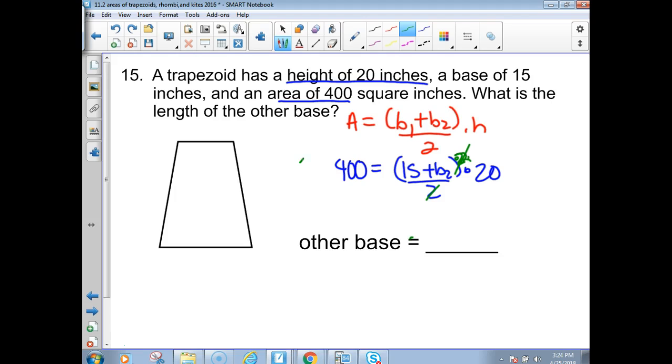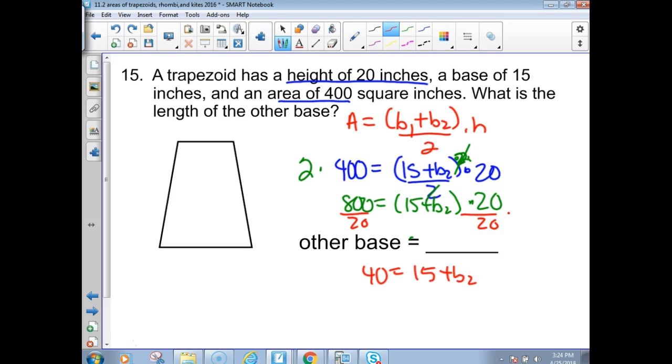Don't forget to multiply by 2 over here. You got 800 equals 15 plus base 2 times 20. We need to divide both sides by 20. What's 800 divided by 20? 40. And we got 40 equals 15 plus base 2.